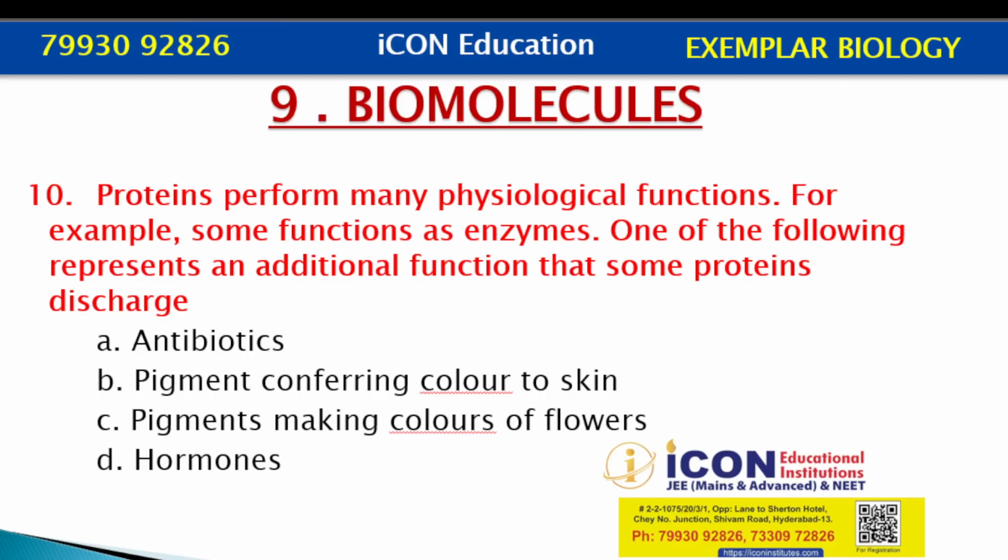They make pigments conferring color to the skin, pigments making colors of the flower. An additional function performed by proteins is that some proteins can also be hormones, like when you talk about insulin. So the correct answer is hormones.